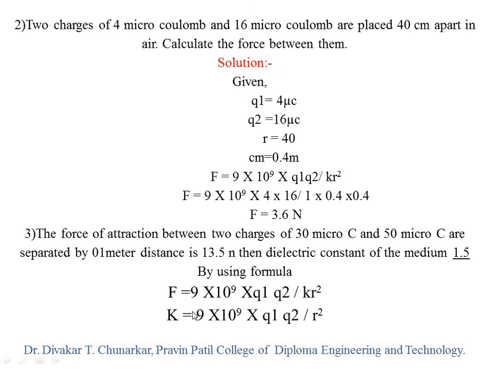In this formula, we put the given values: Q1 is 30 and Q2 is 50, and the 1 meter distance is the value of R.